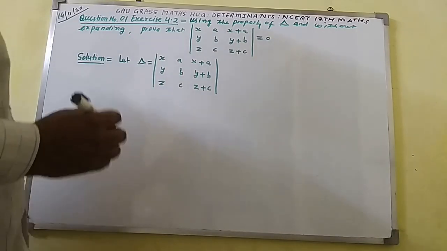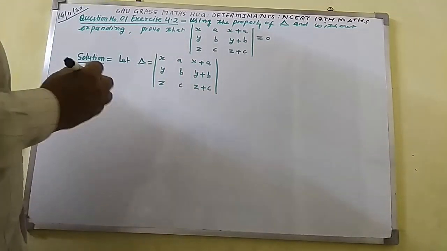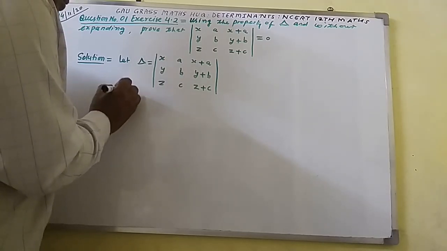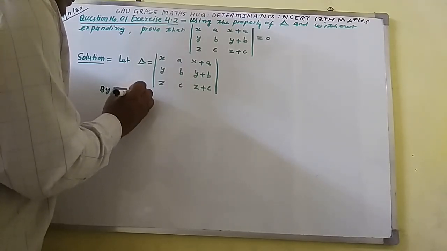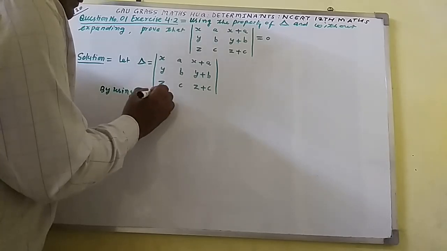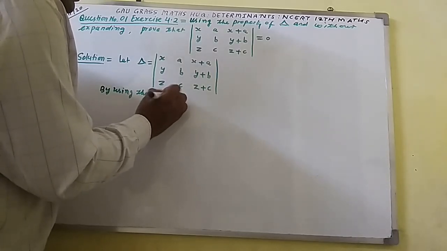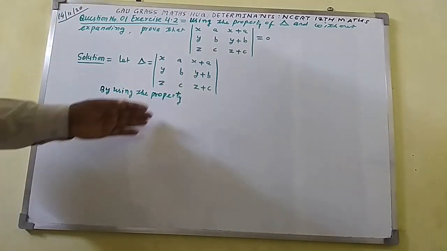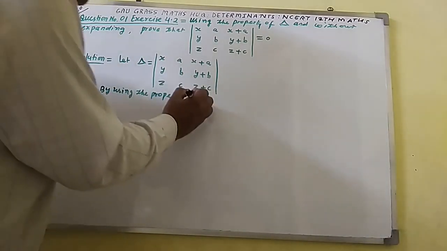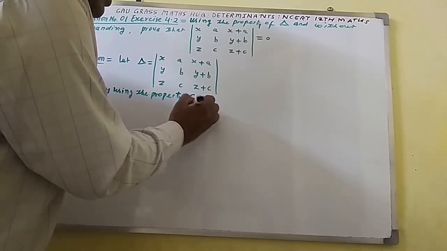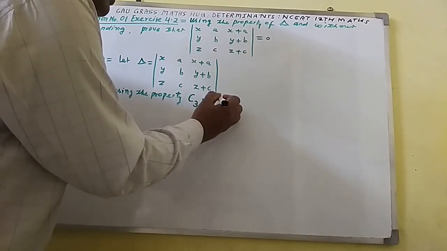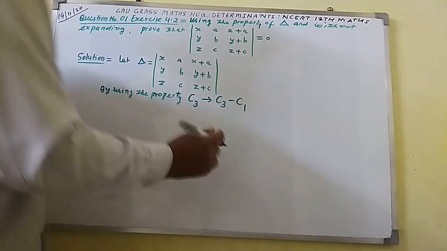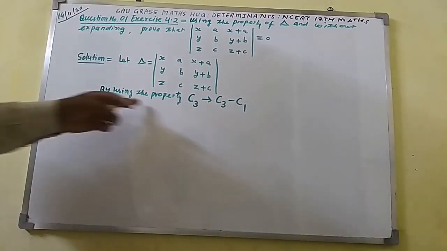So let us proceed further. Here I shall write by using the property C3 goes to C3 minus C1.